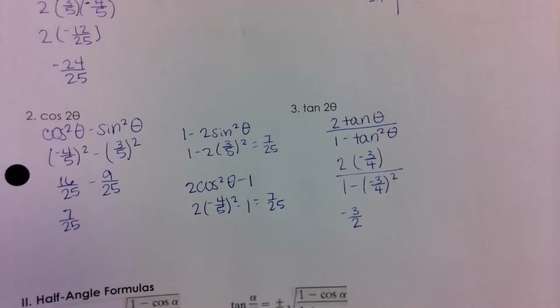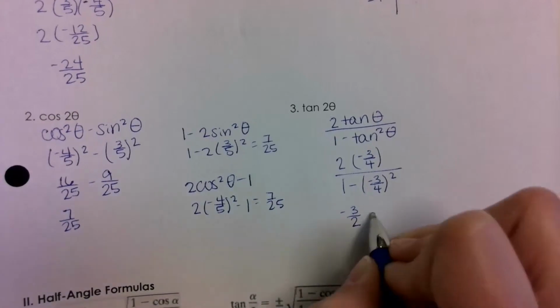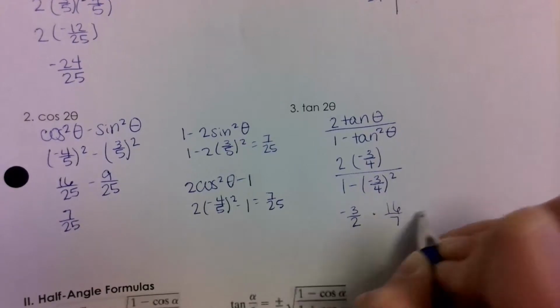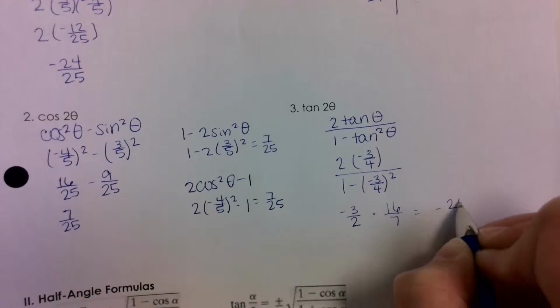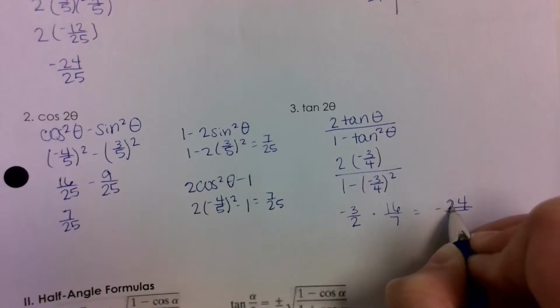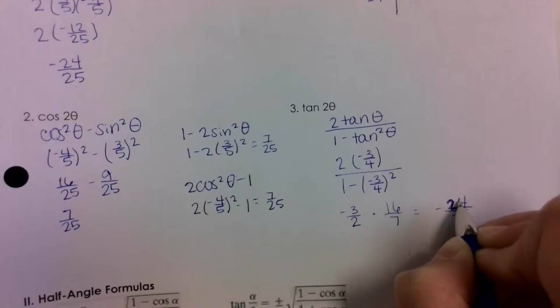And then on the bottom, when you work all this out, you get 7 over 16. So I'm going to multiply by 16 over 7. And that's going to give us negative 24 over 7 for our final answer there. It's kind of hard to read my writing here.